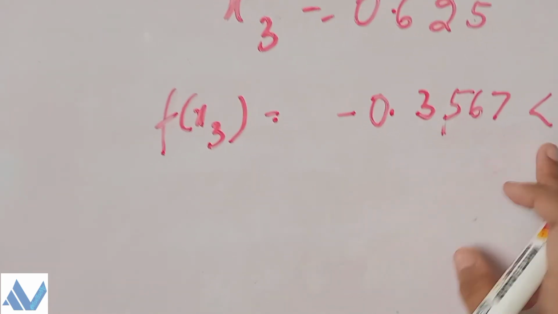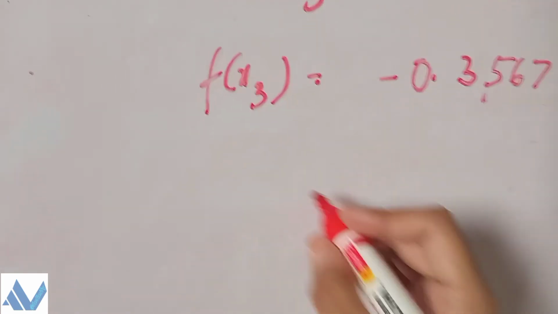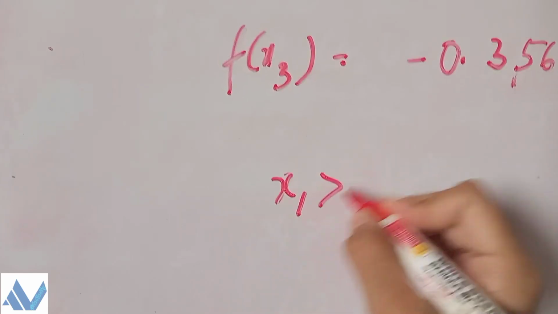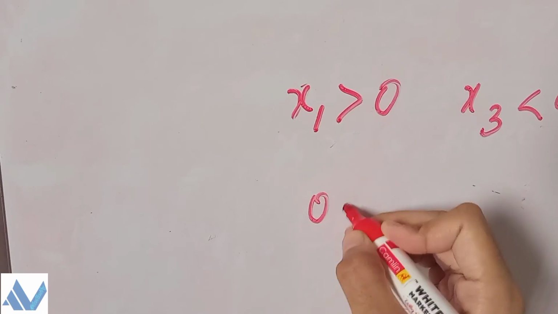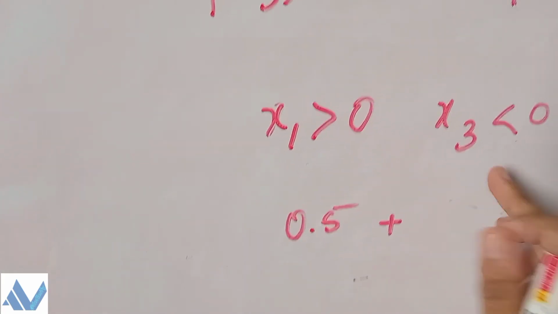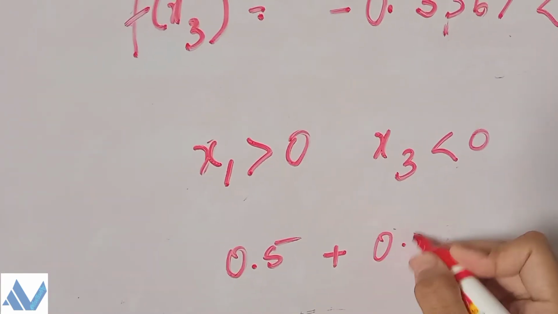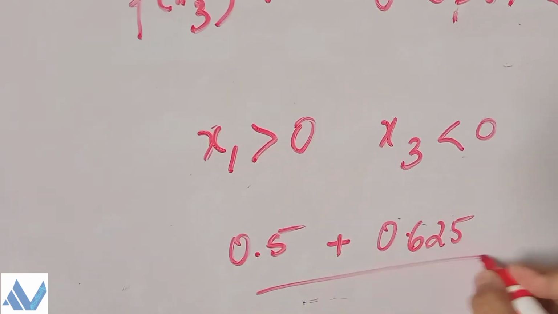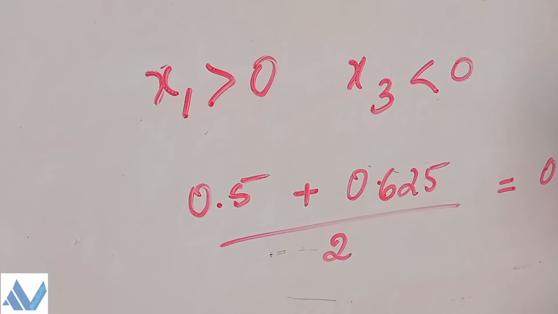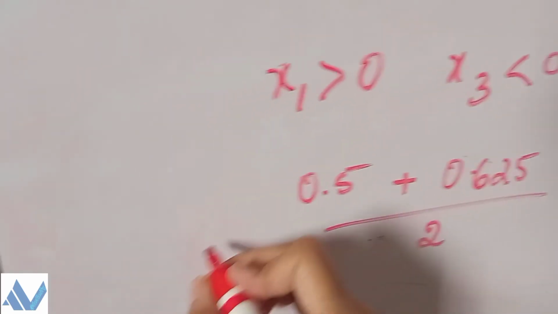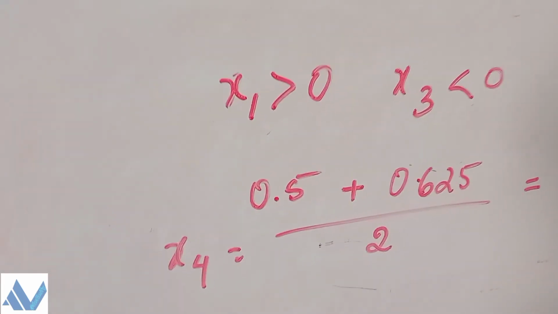Now we got another value, f of x3 less than 0. So the previous one was f of x1 is greater than 0. Now f of x3 is less than 0. So x1 was 0.5 plus x3, here we got 0.625, by 2, which is equal to 0.5625. Sorry, x4 is equal to.